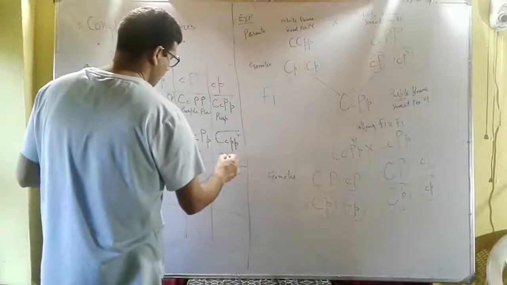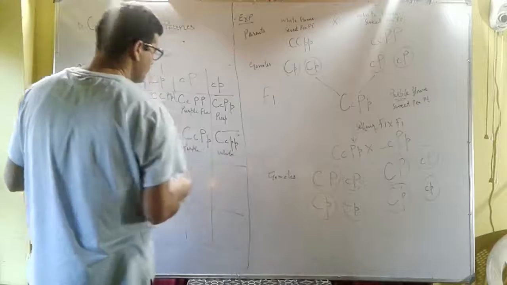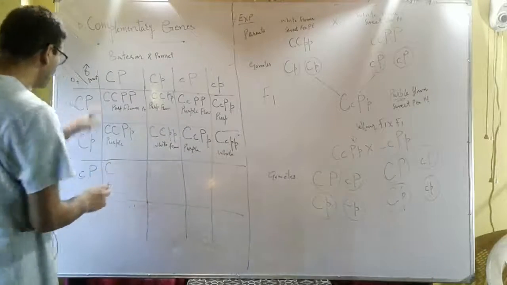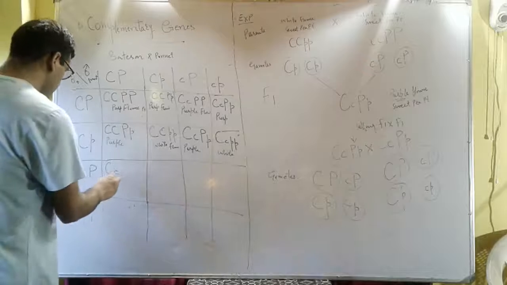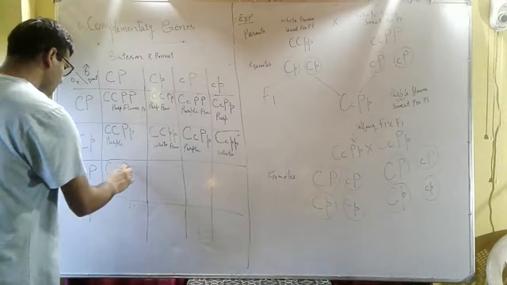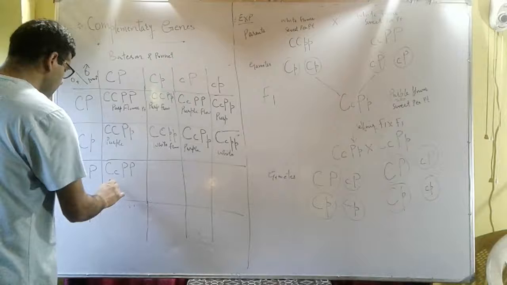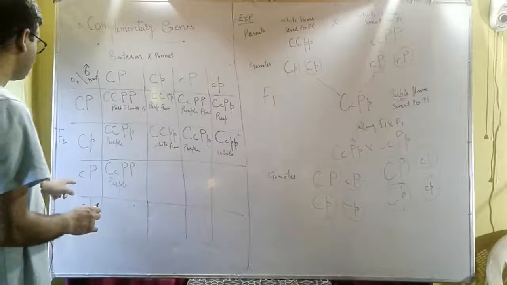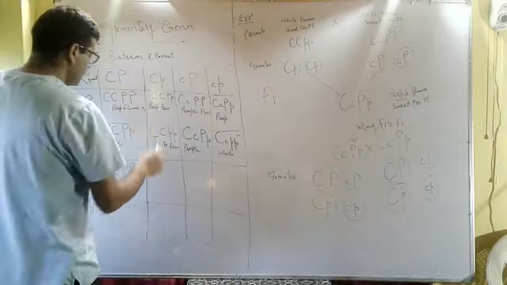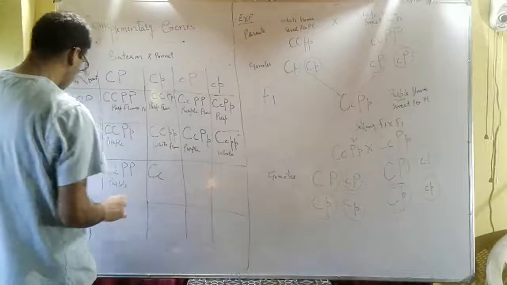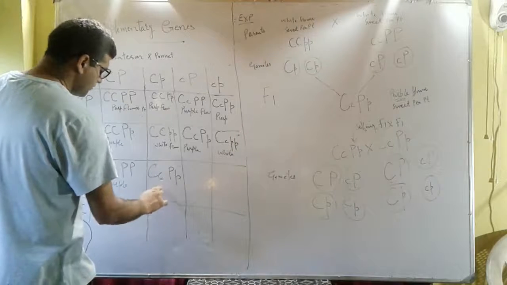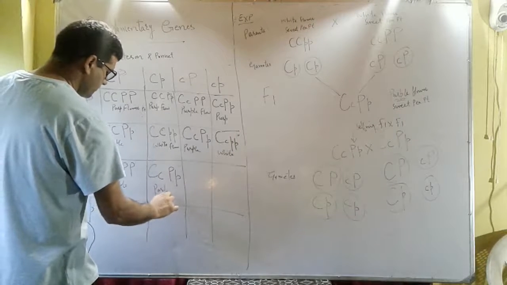This is a white flower sweet pea plant. And then we'll take here, this is capital C, small c, this is capital P. This is a purple flower sweet pea plant. Then we have here, this is capital C, small c, and capital P, small p. This is a purple flower sweet pea plant.